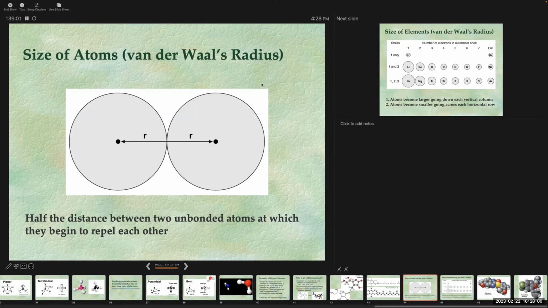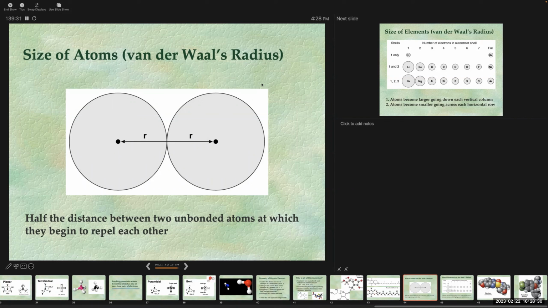The van der Waals radius is half the distance between two unbonded atoms at which they begin to repel each other. So the way people often think about it, it's probably not exactly accurate, but if you imagine that each atom has a nucleus at the center and then a cloud of electrons orbiting around that nucleus, when those electron clouds start to get close to one another, the atoms begin to repel.